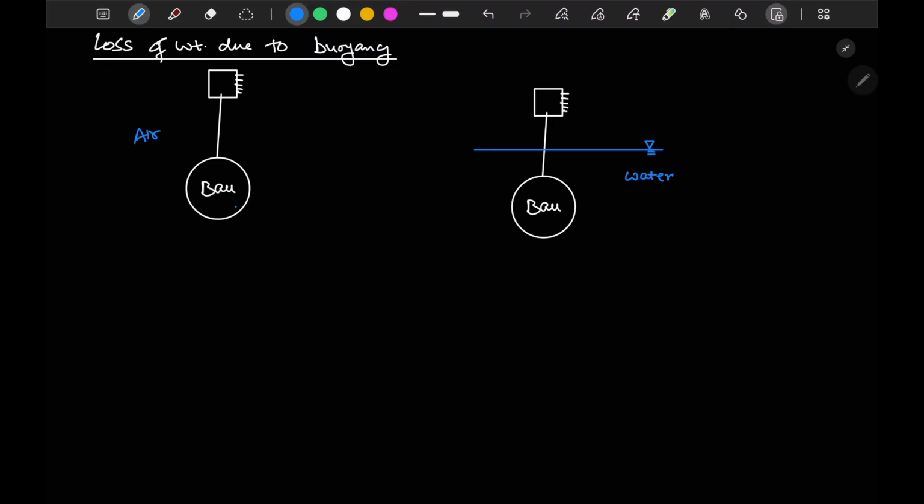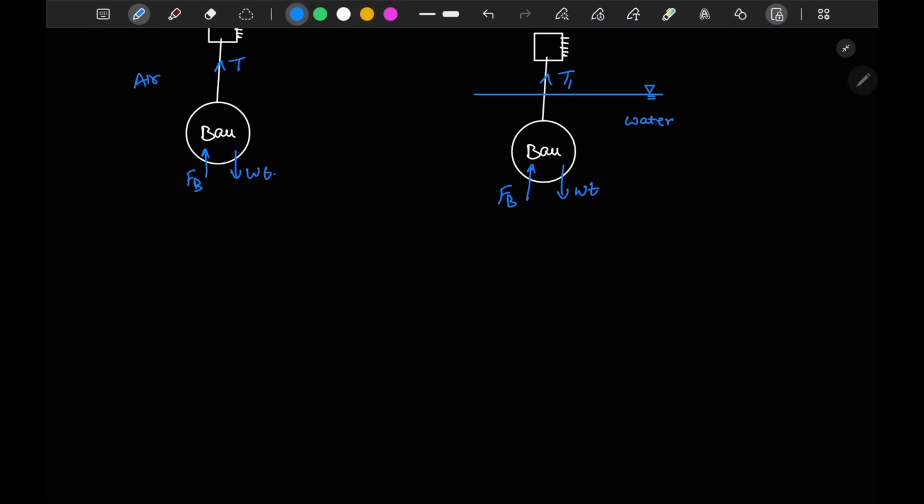In the ball, your weight will act in downward direction, and your buoyant force will act in upward direction. This will also happen here. Here your tension will be T, and here your tension will be, let's say, T1.